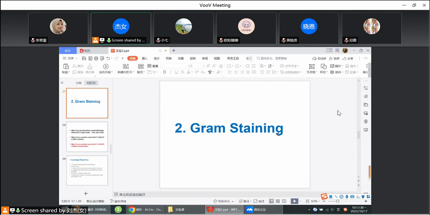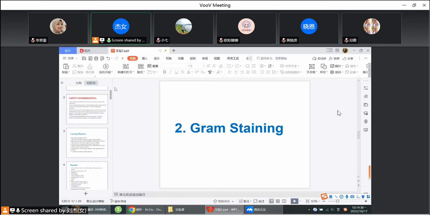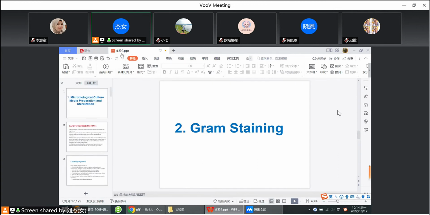So I think after we learn about the cocci, we'd better learn how to do the Gram staining. Here I have a PPT for our lab class, about lab 2, the second experiment, and it includes 2 parts.